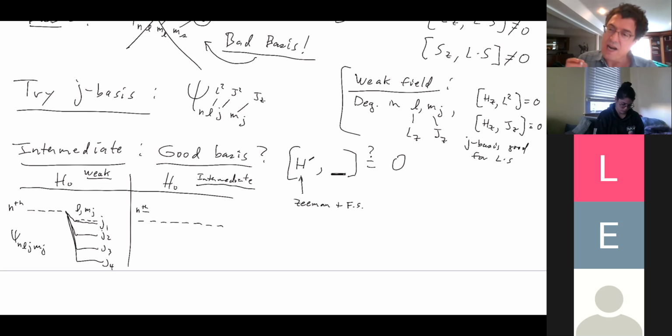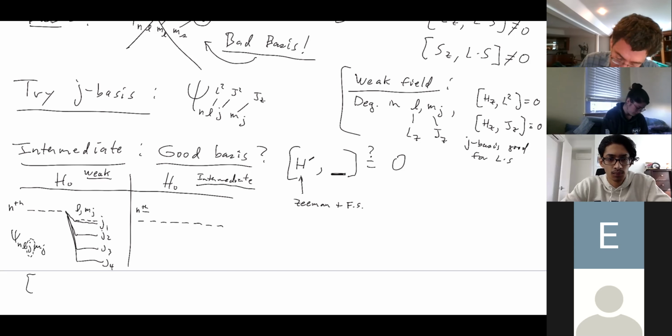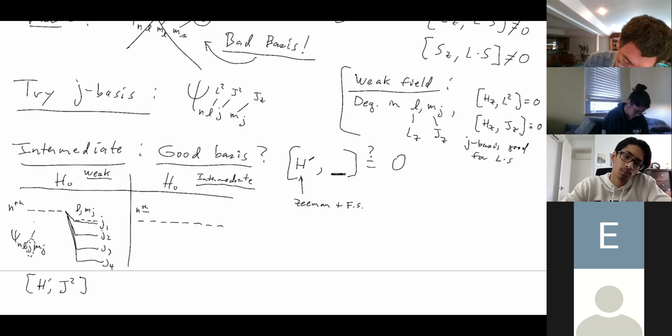But what I'm asking now is, for the weak field case, was there degeneracy in the J state? Was there degeneracy in the J? Yes or no? No. That's right. And so when we did our little trick to find a good basis, did we have to check the H prime with J squared? Because the J corresponds to the operator J squared.